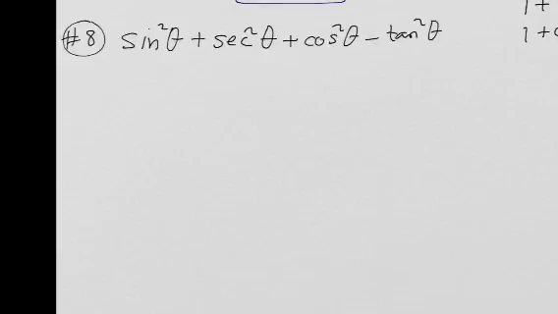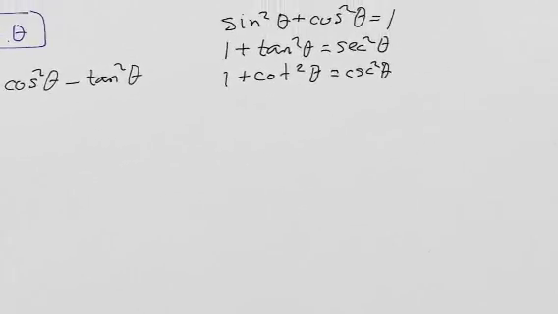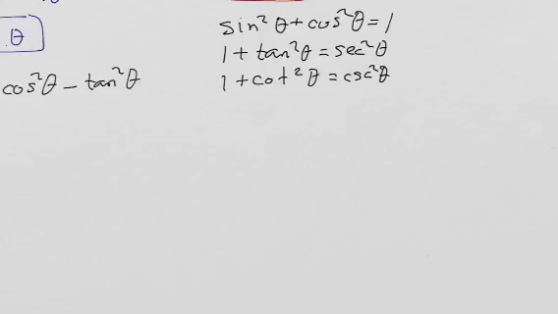Sine squared, secant squared, cosine squared, tangent squared. And that makes me think of those Pythagorean identities.